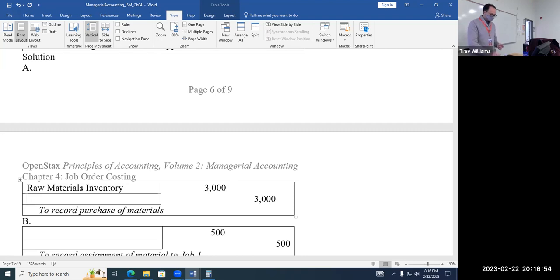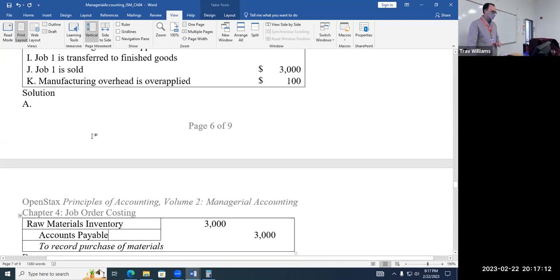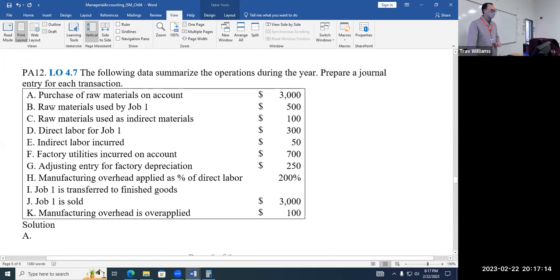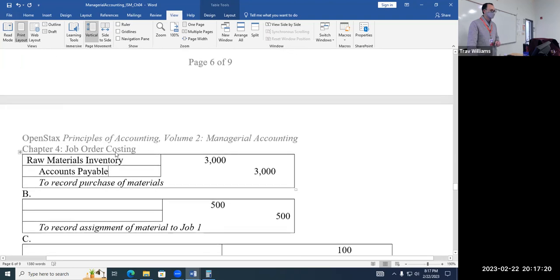And what would we credit? Oh, so close. Accounts payable. Yes, accounts payable, right? Because we have to pay for it. Okay, so that's the first transaction. Next transaction, we're applying some of those raw materials to a particular job.